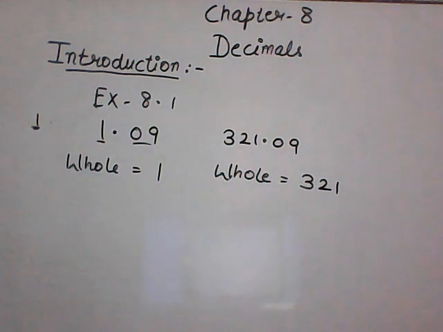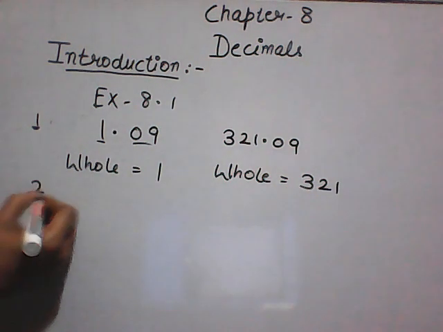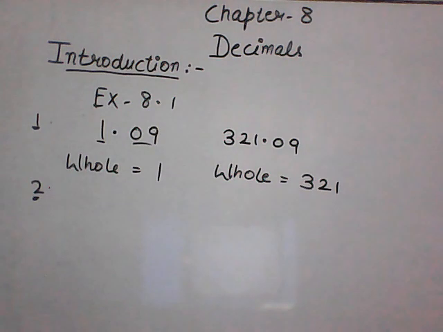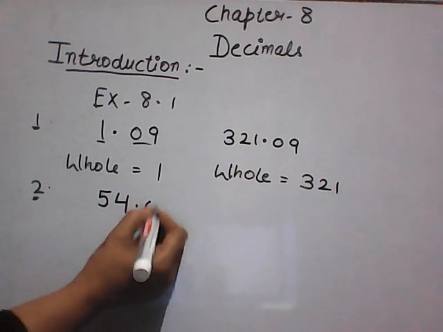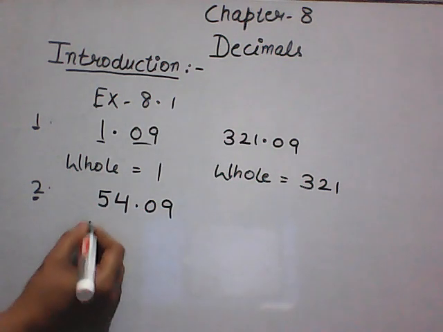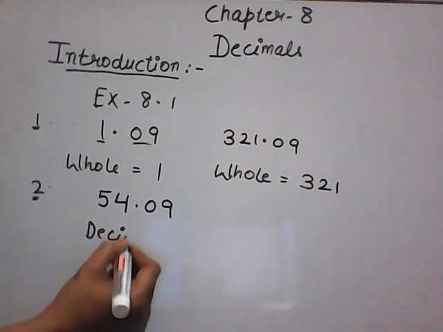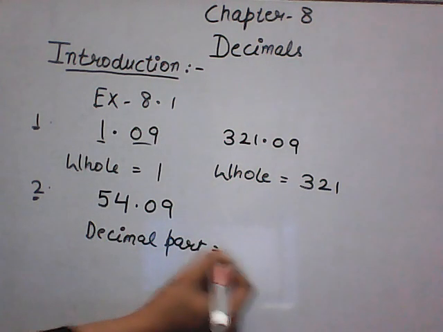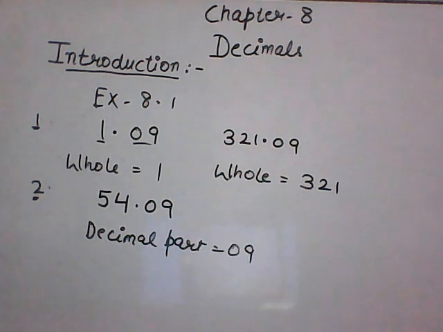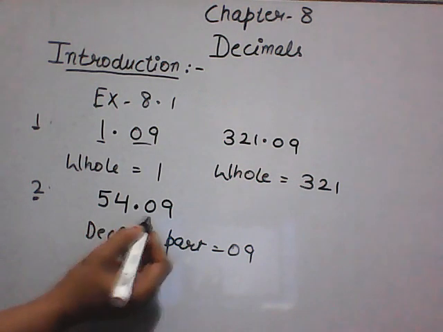321. In the next question, question number 2, you have to write the decimal part of the decimals. Suppose it is given to you 54.09 and you have to write the decimal part of this decimal. Now the decimal part of this decimal is 09. After the decimal point, it is 09.